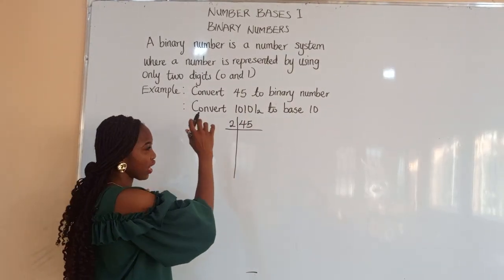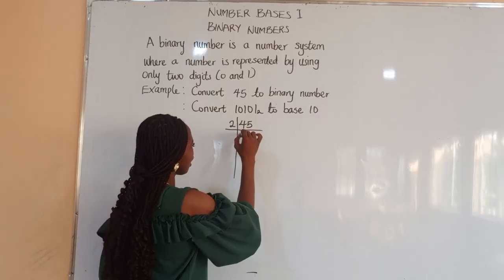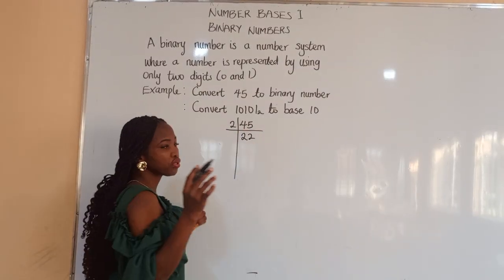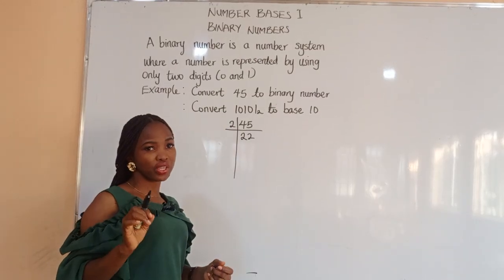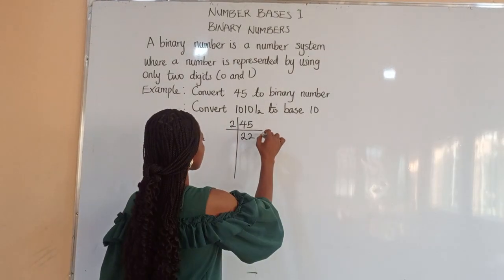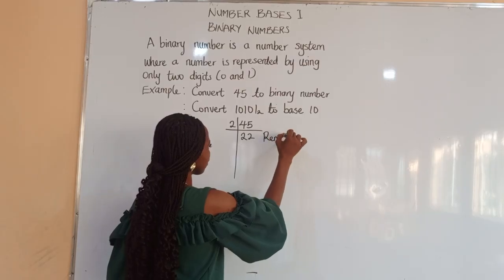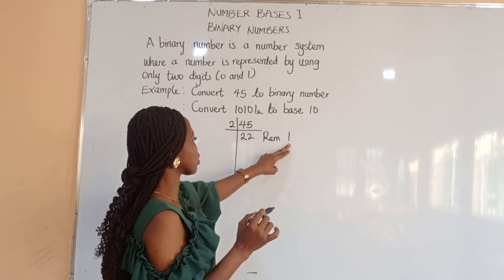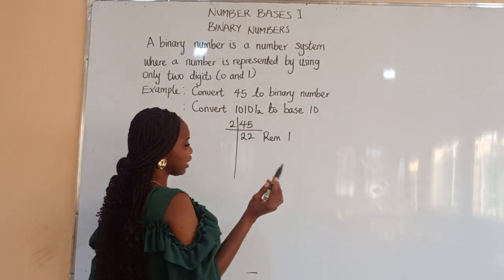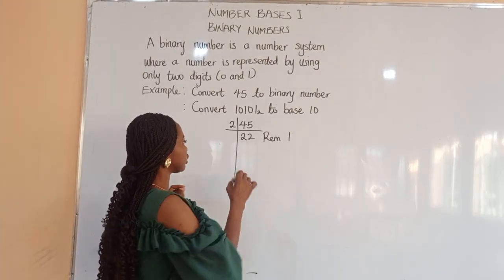So divide 45, you're going to have 22. When you do your long division, you know that 2 going into 45 is 22, remainder 1. There is always a remainder 1, because 2 times 22 is 44 plus 1 is 45. Like I said, continuous division.